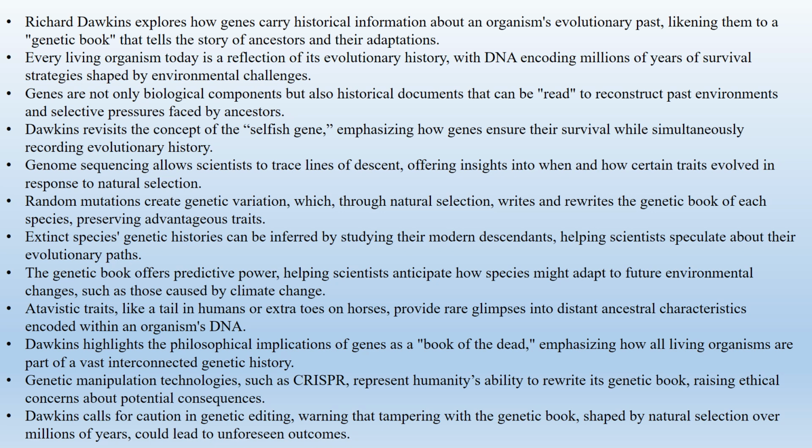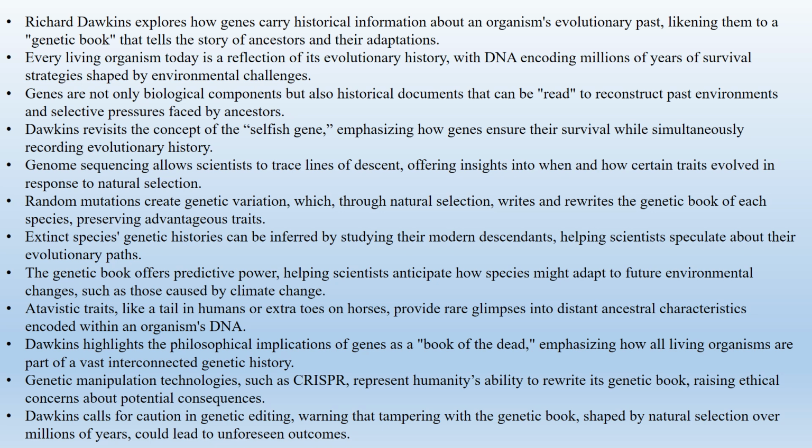A fascinating aspect of the book is Dawkins' exploration of extinct species and what their genetic books might have looked like. Since we cannot directly sequence the genomes of extinct organisms, especially those that disappeared before the advent of DNA preservation techniques, Dawkins imagines what their genetic history might have revealed by studying the descendants of these extinct species, such as modern-day birds being the descendants of dinosaurs.